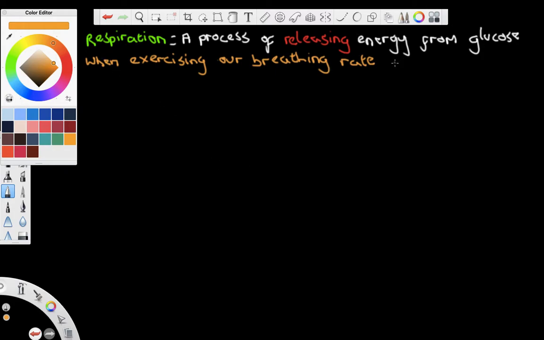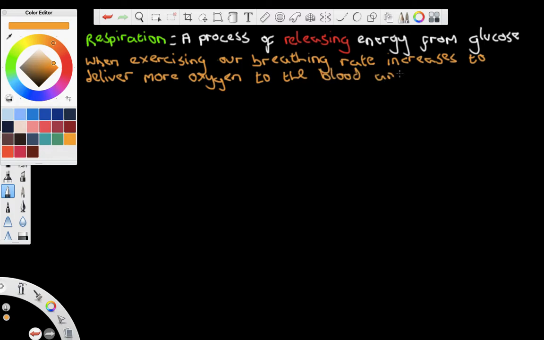When exercising, our breathing rate increases to deliver more oxygen to the blood and remove more carbon dioxide from the blood.